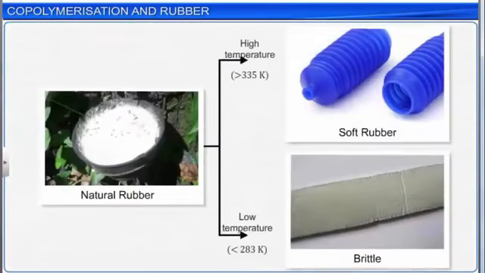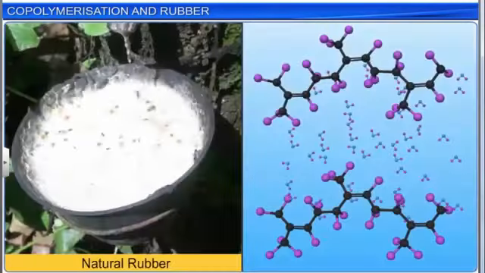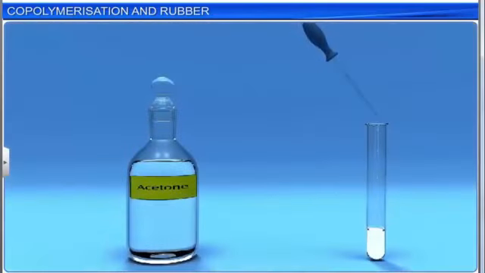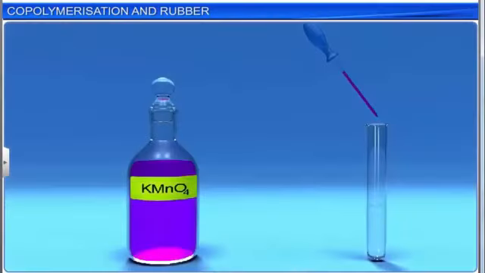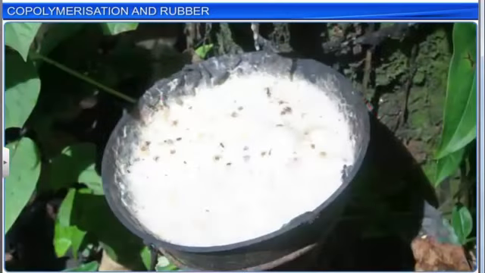It becomes soft at high temperatures, greater than 335 Kelvin, and brittle at low temperatures, less than 283 Kelvin. Natural rubber absorbs water. It is soluble in non-polar solvents and is susceptible to attack by oxidizing agents. These properties of natural rubber limit its usefulness.